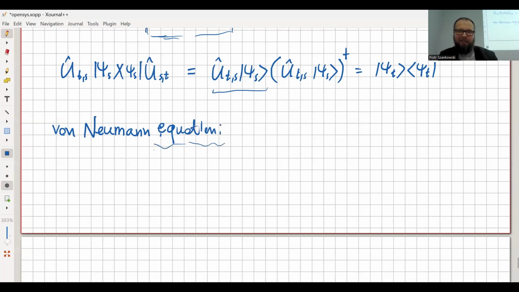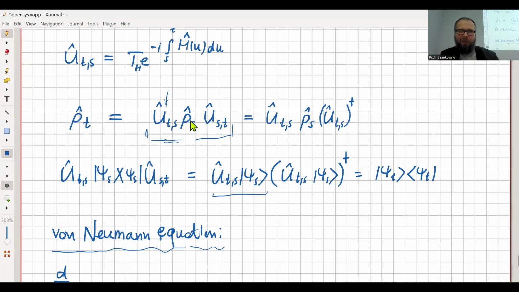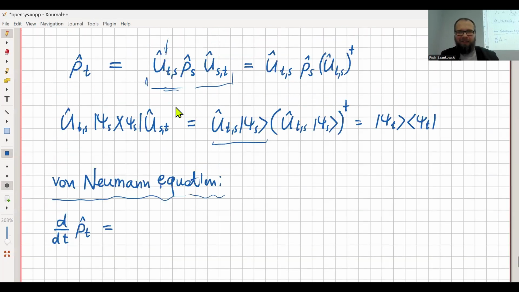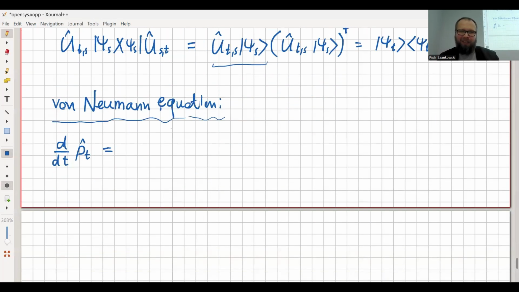So this is again a Schrodinger equation for density matrices. We can derive it quite easily from the evolution rule. So we take rho_T. We have our rule. The time dependence is in our evolution operators.